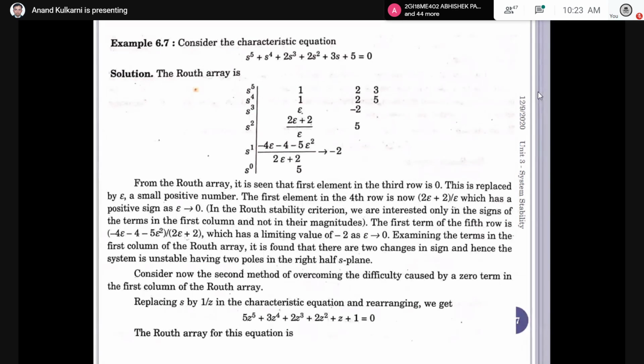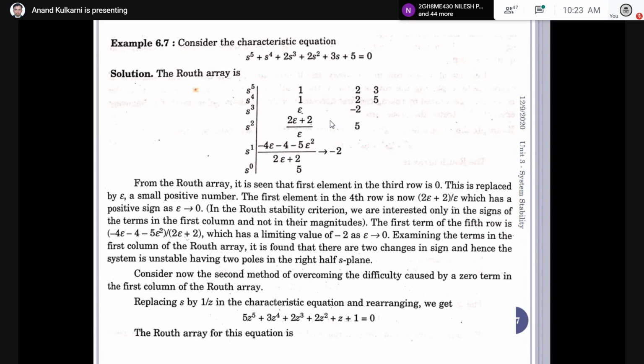We have to do it still. So if you put this as 0, I am substituting epsilon, but before that, if you put it equal to 0, 0 into 2 is 0, minus of minus plus 2 into 1, that is 2, divided by 0. That means 2 divided by 0 is plus infinity.